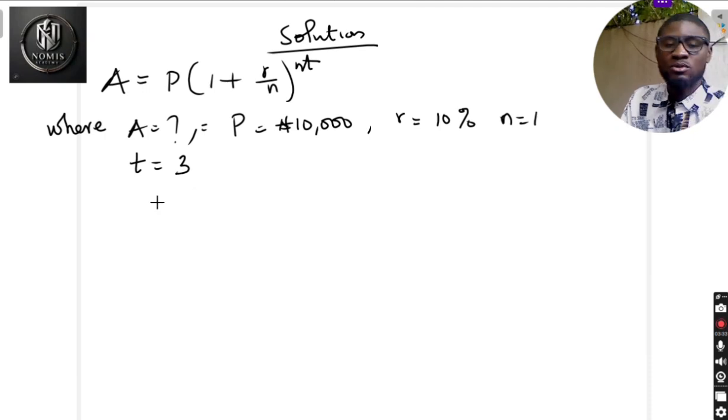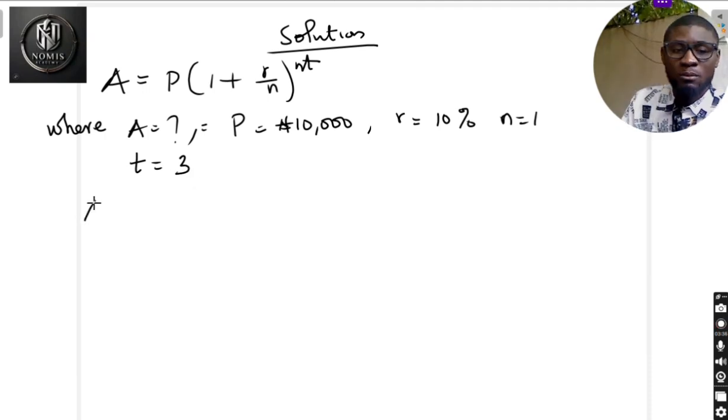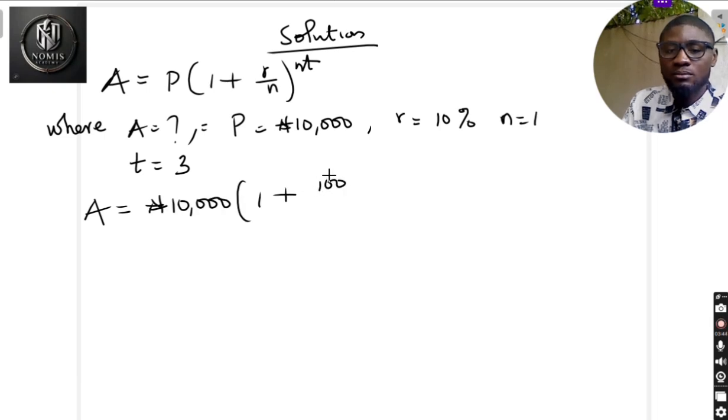So let's input this into the formula that we have. A is equal to P, which is 10,000, open bracket 1 plus our R, which is 10 all over 100. Remember, it's 10%, 10 all over 100. Then everything over our N, which is 1, close bracket.